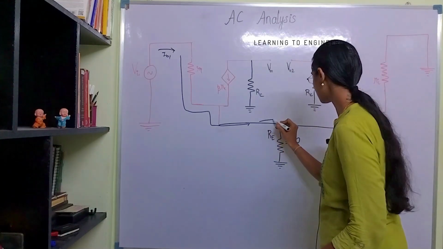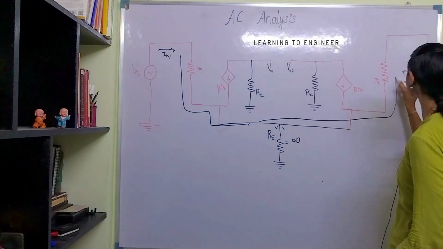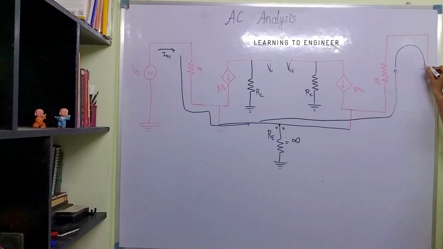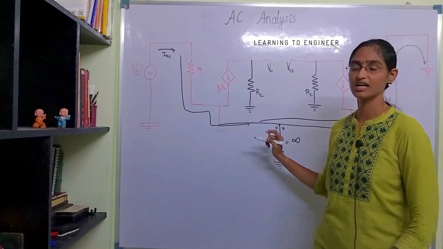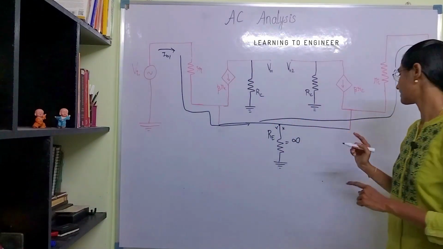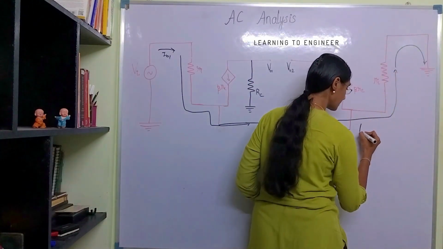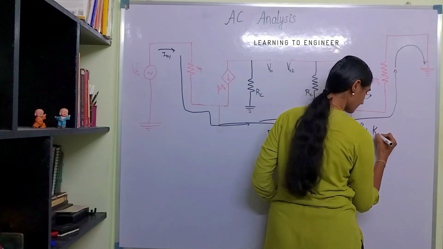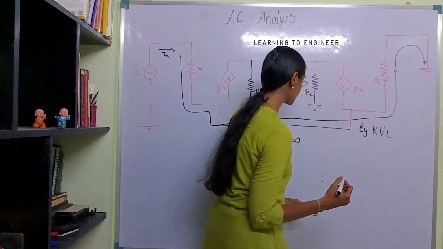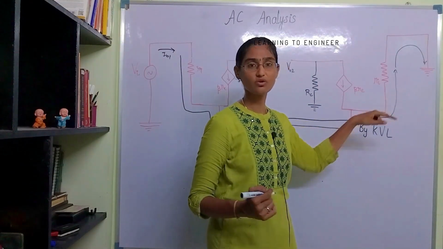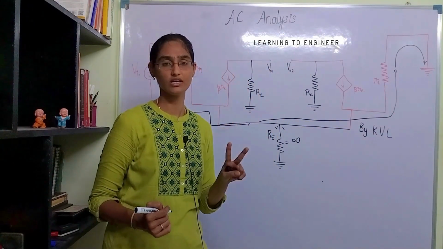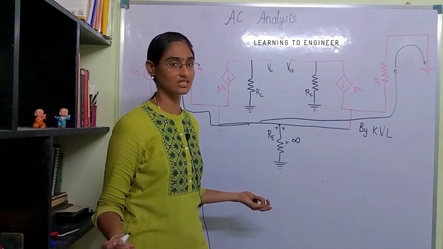So this current will travel upwards towards Ri1 and end into the ground. We are considering this loop and let us apply KVL over here. The path is only through Ri1 in series with Ri1, so we have two resistances of value Ri which are in series.